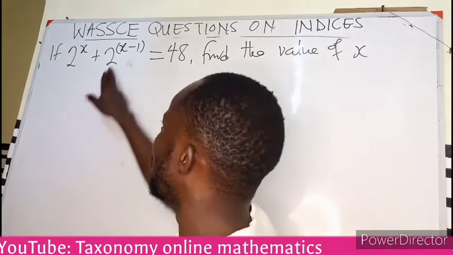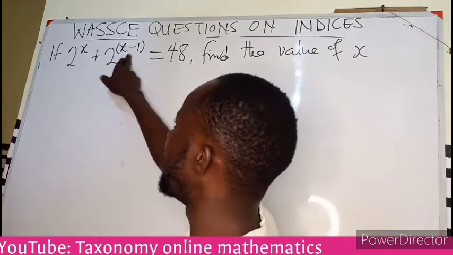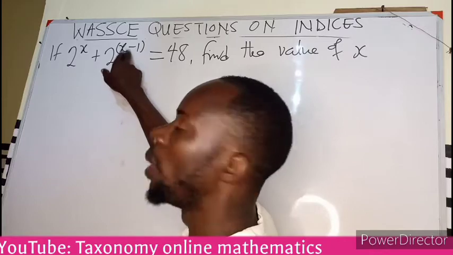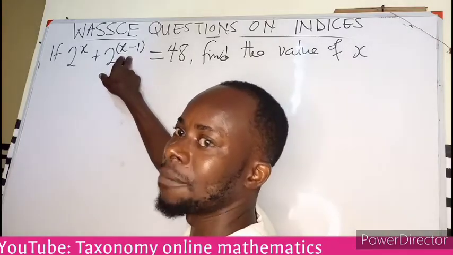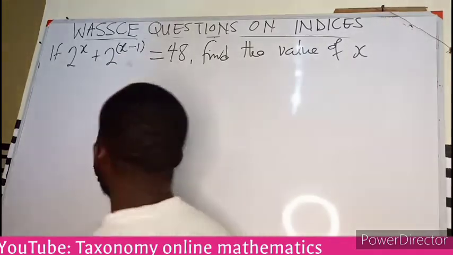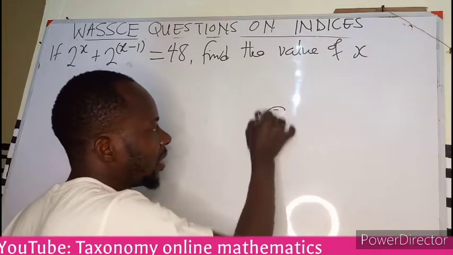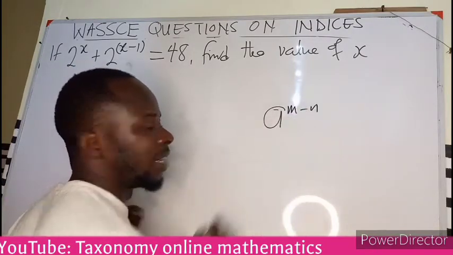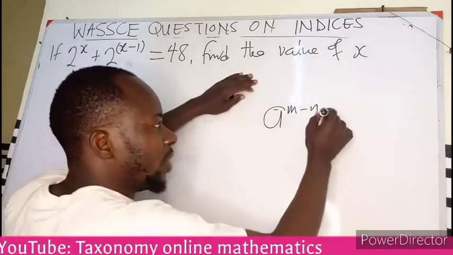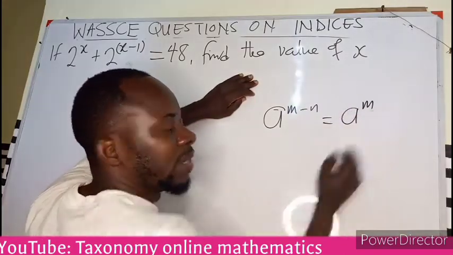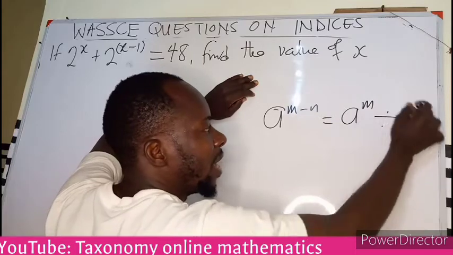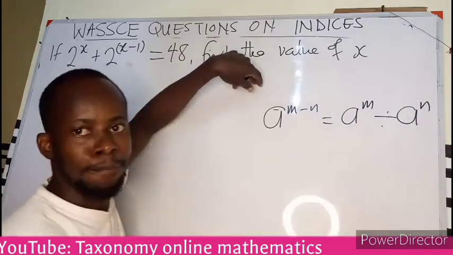Alright, now we have to try and see if we can make this side do away with the minus sign. So what will I do? I can go back into the laws of indices, which is a exponent m minus n. If I'm given this, it means it's coming from a exponent m divided by a exponent n.